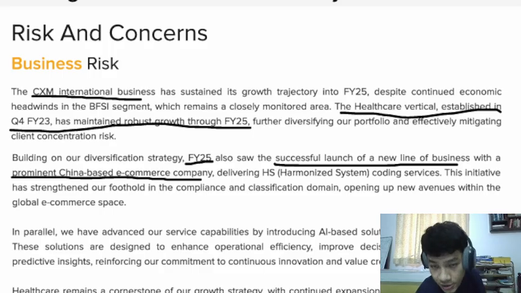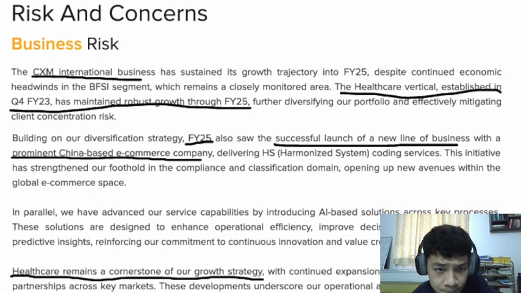So the healthcare vertical servicing healthcare companies was established in only quarter four fiscal 2023. So we can consider this as a new line of business still sustaining growth in 2025. I'm trying to see if the company is making mentions of new lines of businesses and what the contributions are. So this seems to be pretty successful.